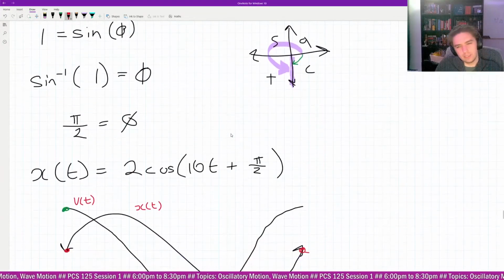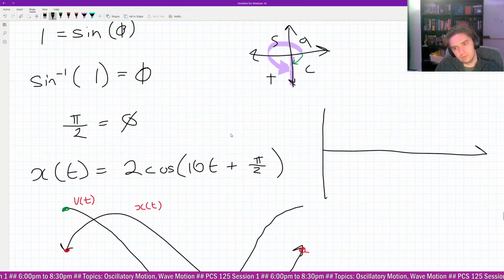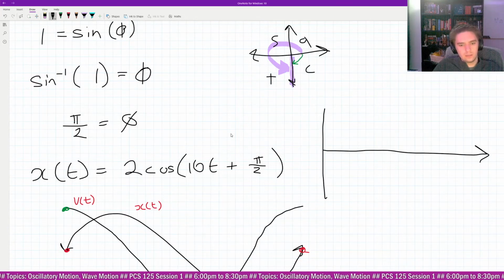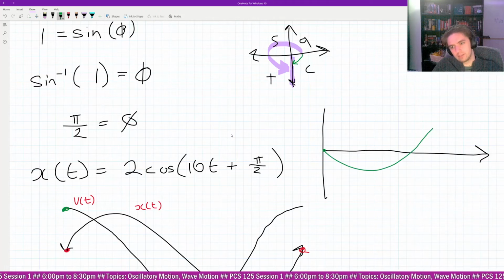No. This is what's happening. Did you just ignore the phase shift because cos of theta plus pi by 2 is just sine theta? Yeah. It doesn't matter that we use cos. That's not the issue. That's the reason they ignored this phase shift. This is what's happening. This is our graph.